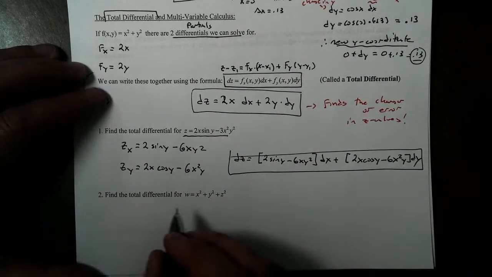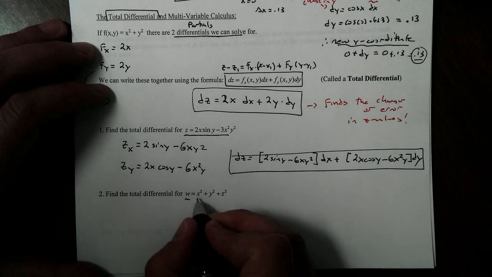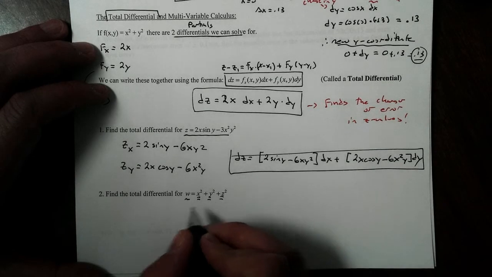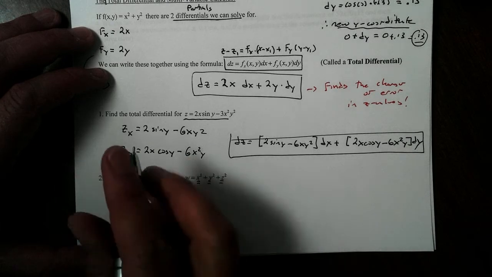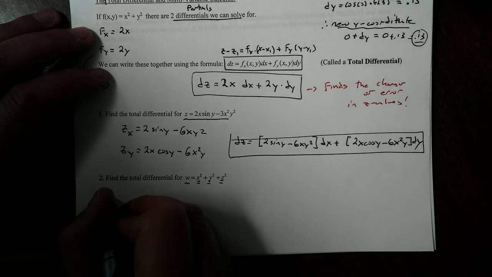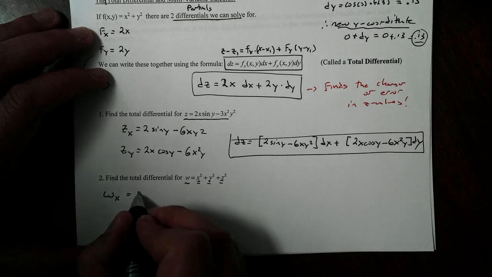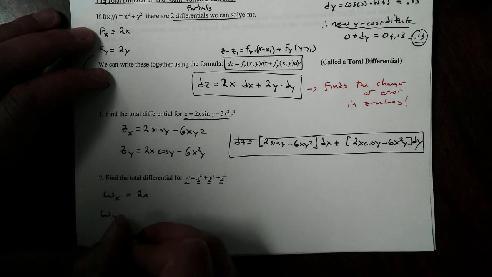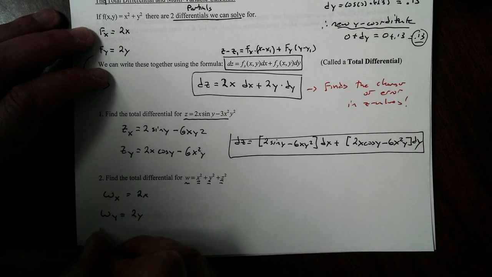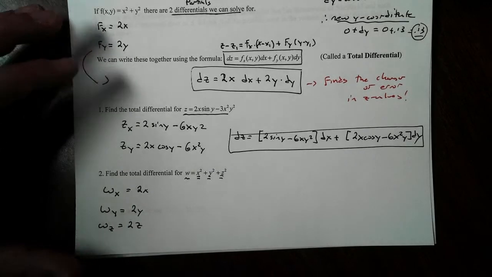So let's take a look at another one. We want to find the total derivative here. Now be careful. w is now a function of x, y, and z. So I have to find my partials for each one of those, three partials in terms of w. My partial with respect to x becomes just 2x, everything else is just a constant. My partial with respect to y is 2y, and my partial with respect to z is 2z.